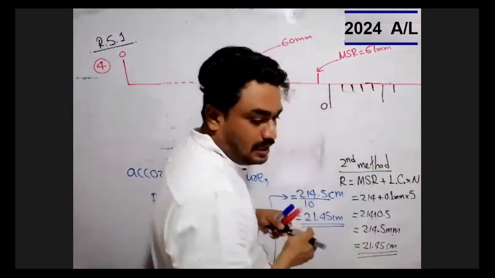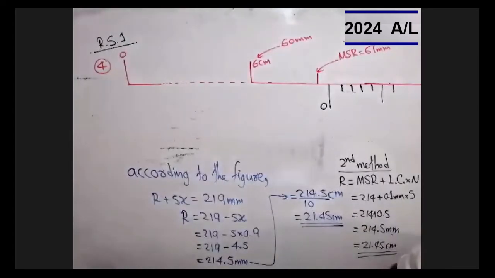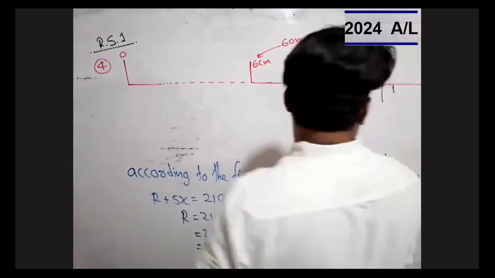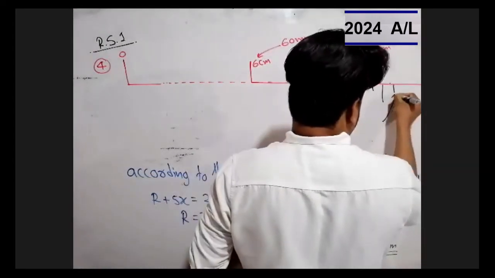According to the main scale, what is the coinciding number? You can start from 7. 1, 2, 3, yeah, the third one. So the coinciding number is 6.